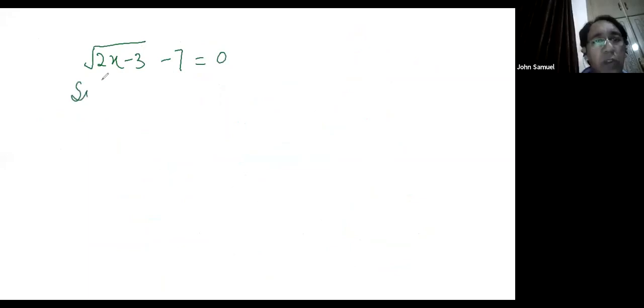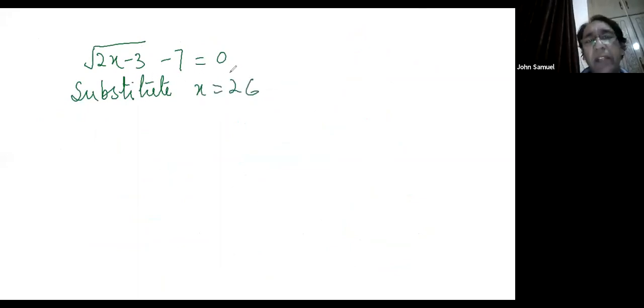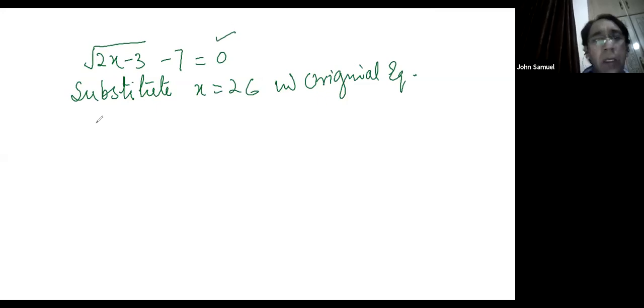So we substitute x equal to 26 in the original equation. So 2 into 26 minus 3 under the radical sign, minus 7, is equal to 0.